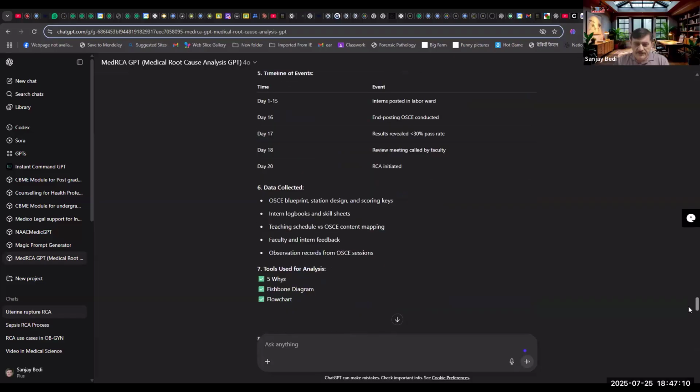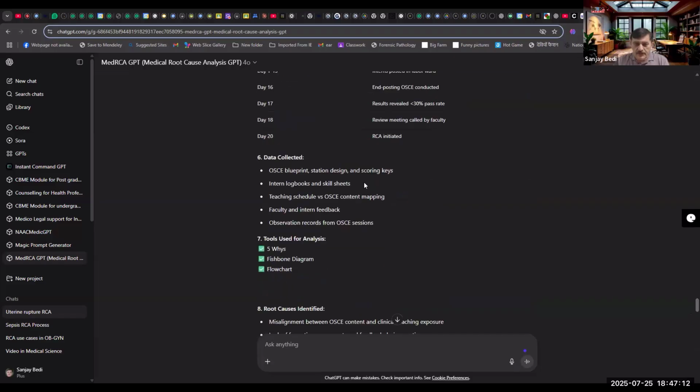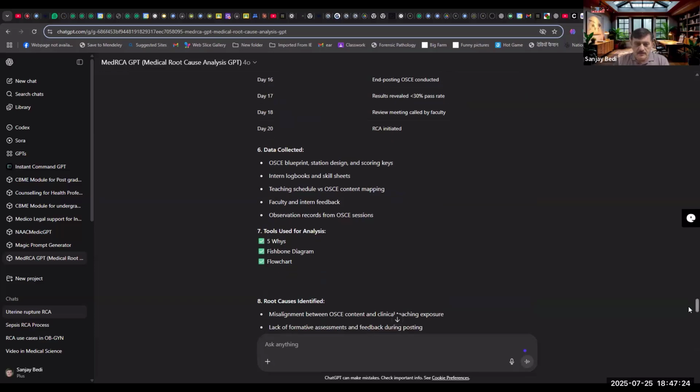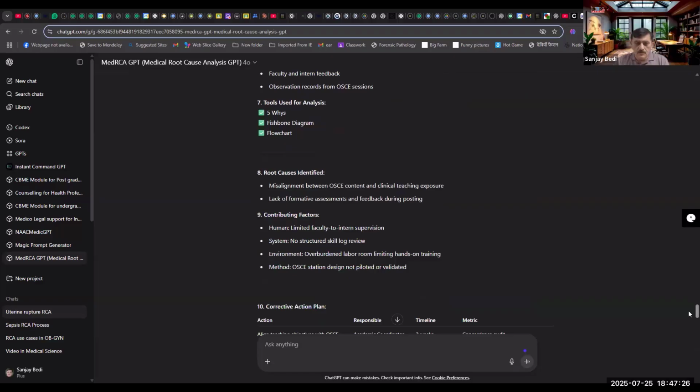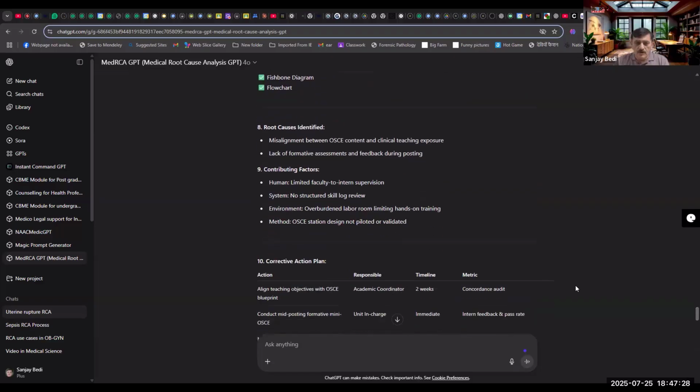The data collected is the OSCE blueprint station design, internal logbook, skill sheets, teaching schedule versus OSCE content mapping, faculty and intern feedback. Now, the root cause analysis: misalignment between OSCE content and clinical teaching exposure, lack of formative assessment and feedback during posting.